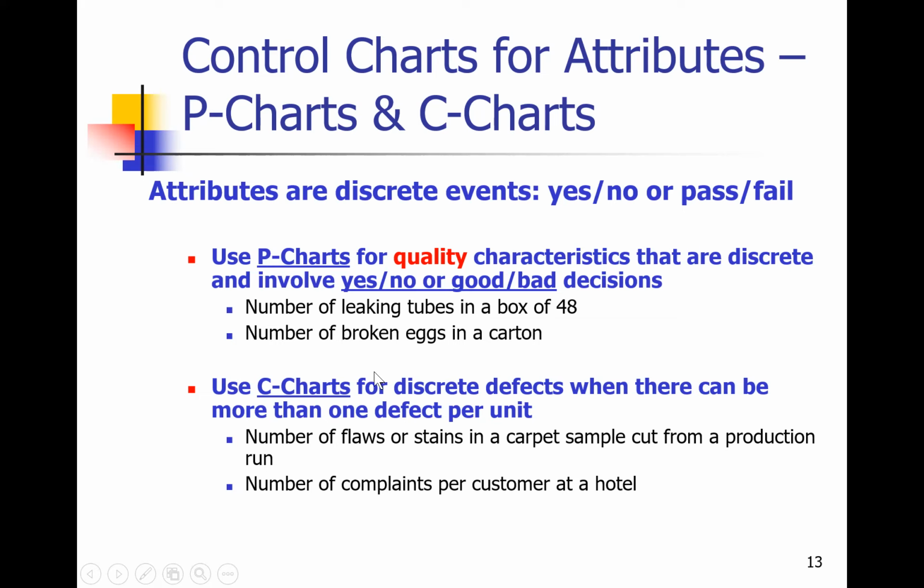And for a C chart, it is for discrete defects, when there can be more than one defect per unit, such as the number of flaws or stains in a carpet sample cut from a production run. So this is defect calculation. Number of complaints per customer at a hotel is also a comparative analysis. For this type of analysis, you can use a C chart.